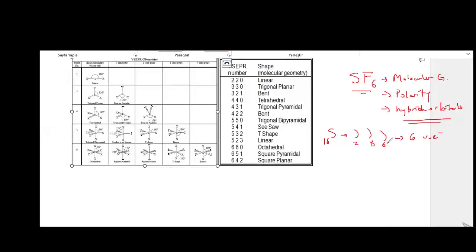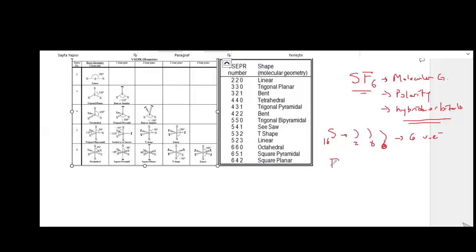As you remember, once again, the final shell is always the valence shell for that kind of atoms. That's why if you look at the final valence shell, you are going to see that there are 6 electrons. In other words, for the sulfur atom, there are 6 valence electrons.